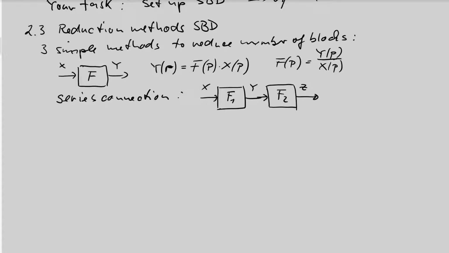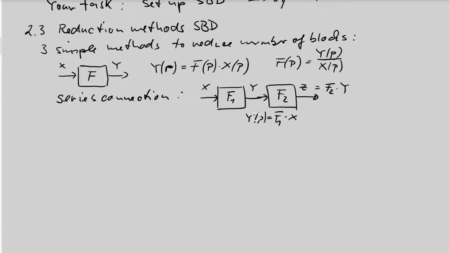If I want now to combine those blocks, this is easy, because y of p is defined by our transfer function as f1 times x, then z is f2 times y.